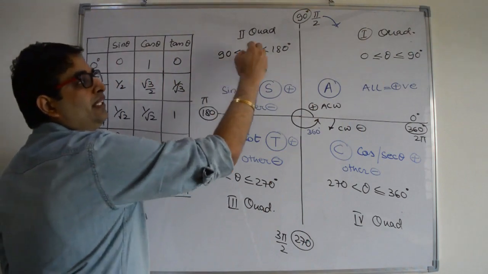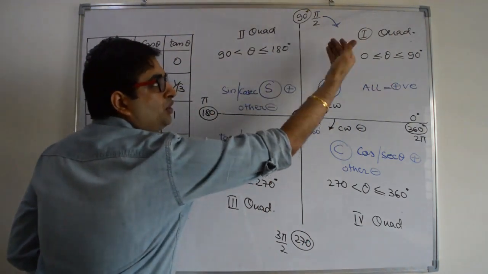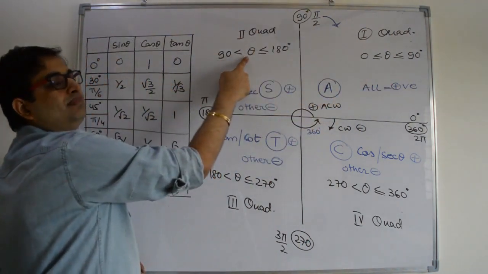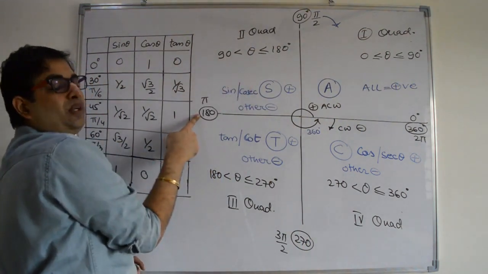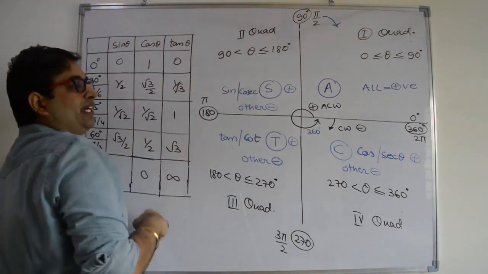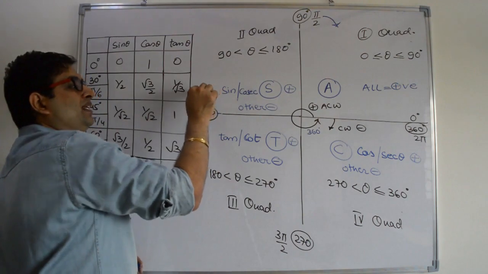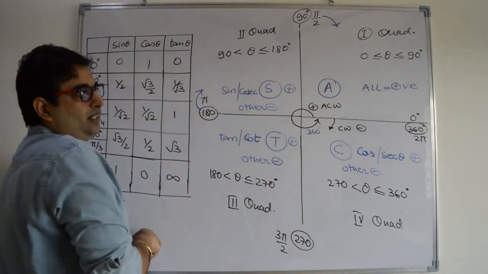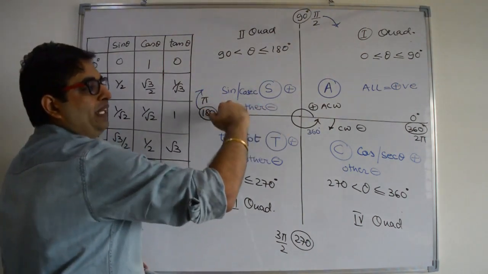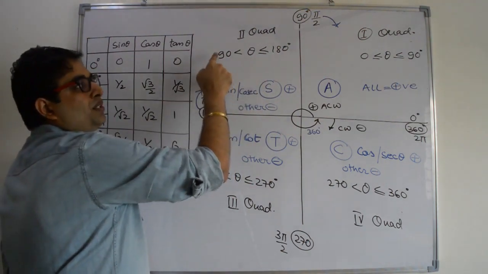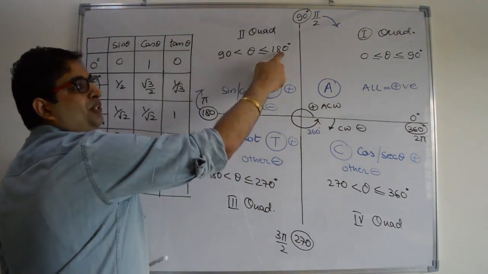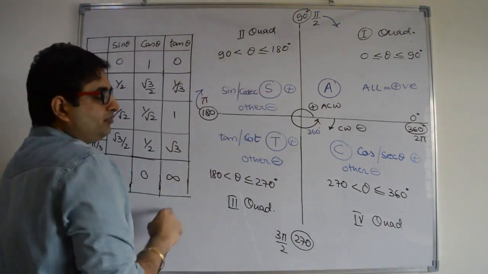Second quadrant: 90 degree is already in first, so more than 90 and up to 180 degree. That means 180 degree is in the second quadrant. So this border line will be in the second quadrant, from above 90 to 180 degree.